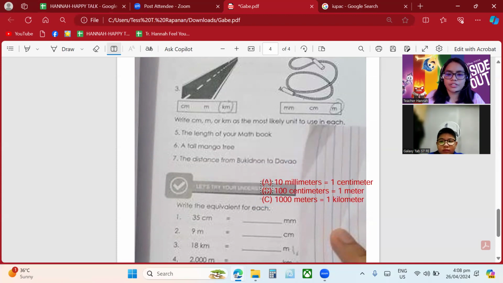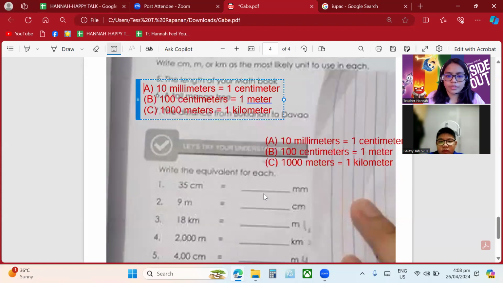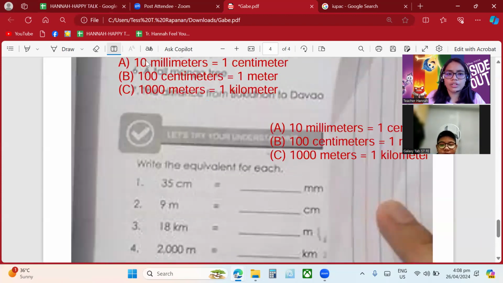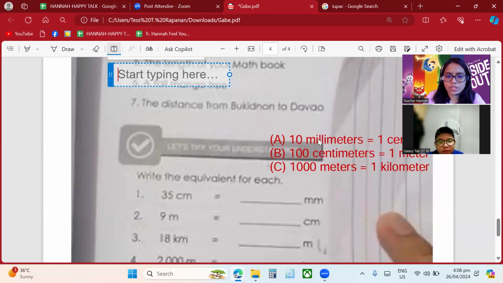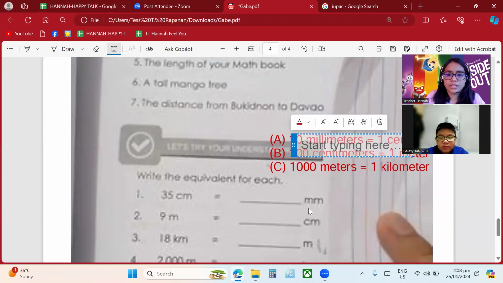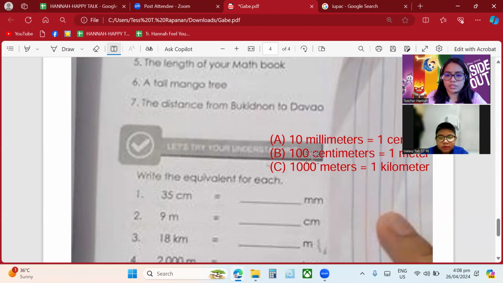Okay, so let's try to answer number 1 again. Okay, what is 35 centimeters in millimeters?